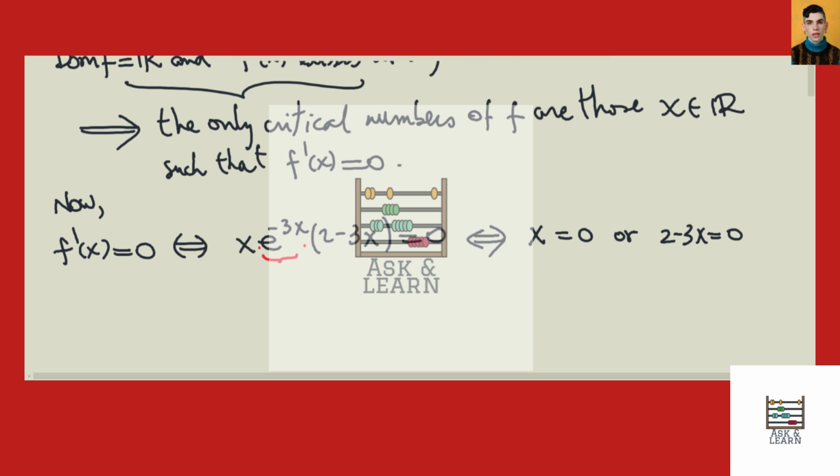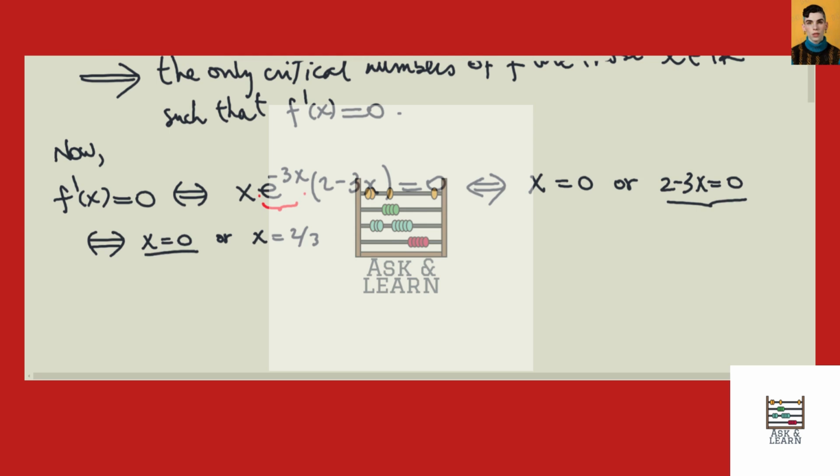That is, either x equals 0 or the factor 2 minus 3x is equal to 0. And that's the same as saying that x is 0 or x equals 2/3 if we solve this equation here for x.